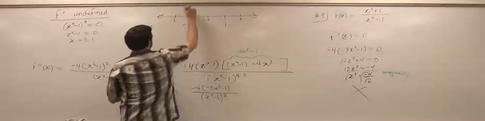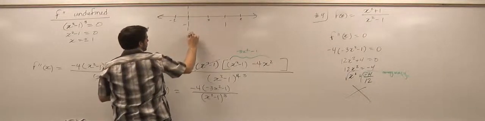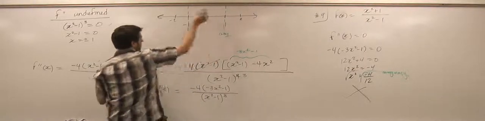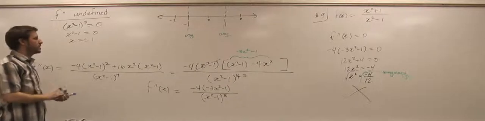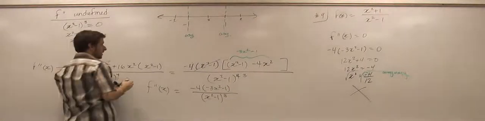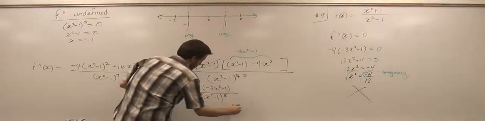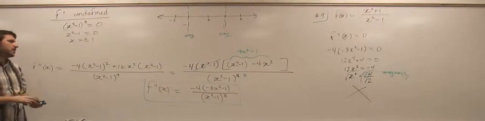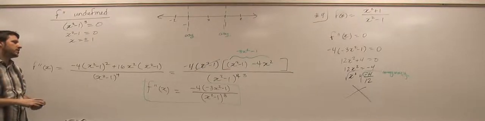So these guys are actually asymptotes. But you can test in between and see what concavity you have. You have to go back to this guy here. Plug in negative 2, and plug in 0, and plug in 2.